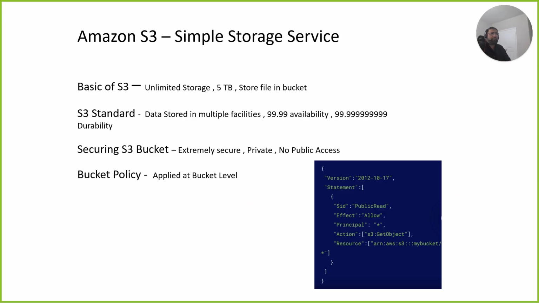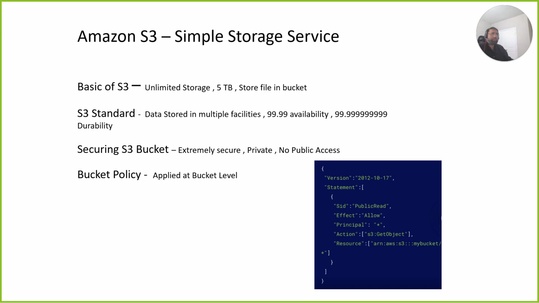The basics of S3 is you can store unlimited storage, but initially you should have the 5 TB, and every file you store is considered to be in a bucket. Everything we call a bucket, you store files in a bucket. So n number of files and directories you can store, and you can access those buckets.